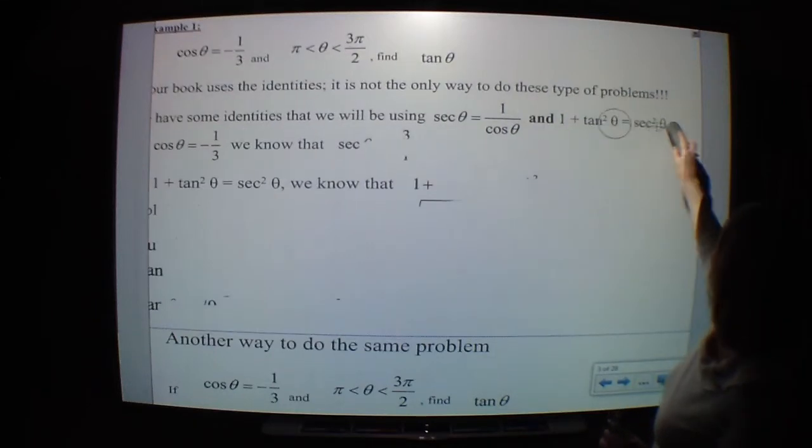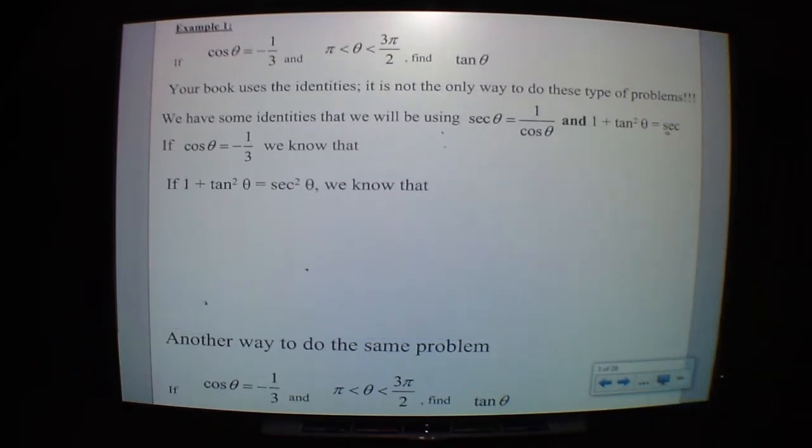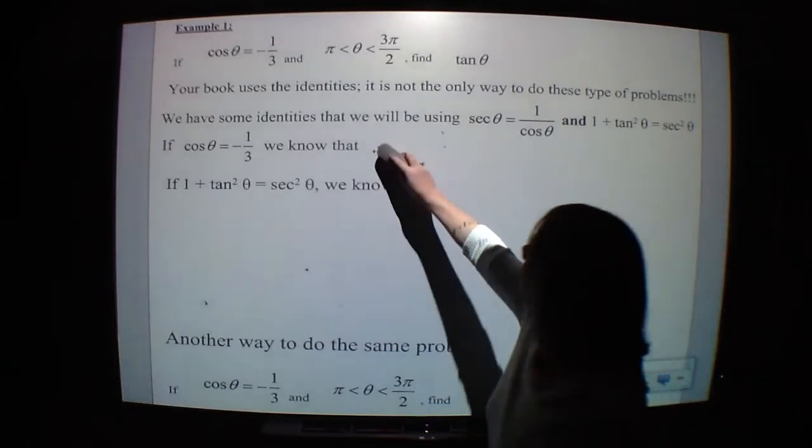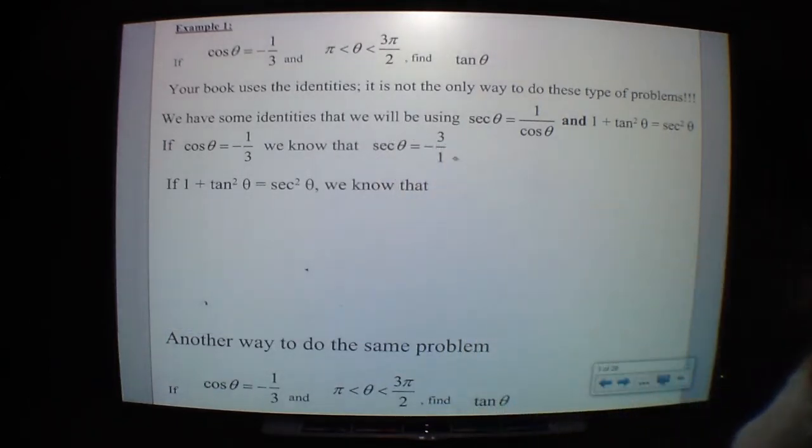And 1 plus tangent squared is equal to secant squared. So if we know that cosine is negative 1/3, we know then that secant would be negative 3 over 1. So now I have secant. And if we know secant, we can find tangent.